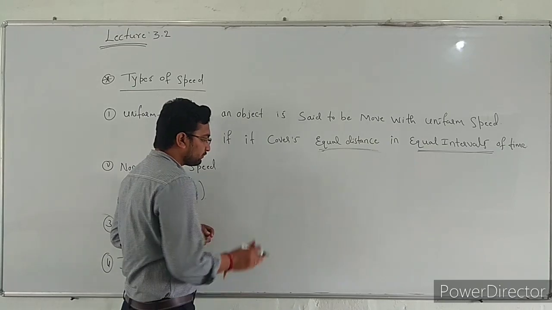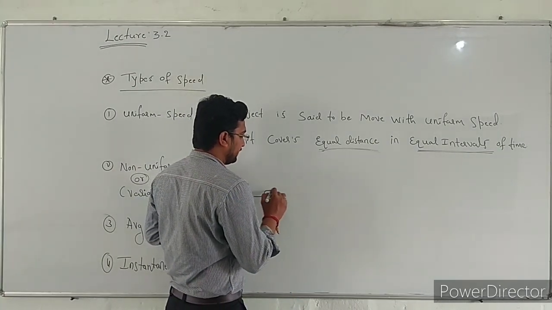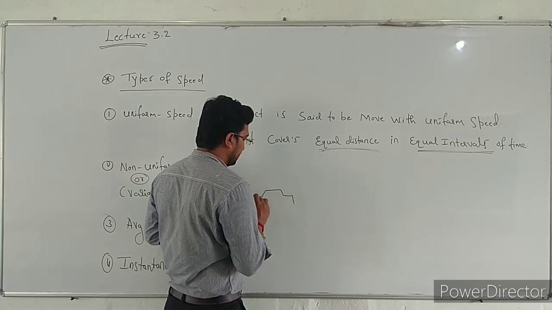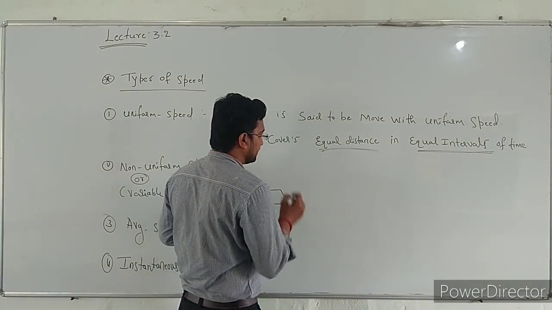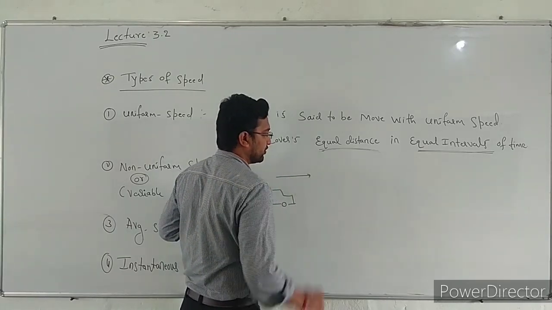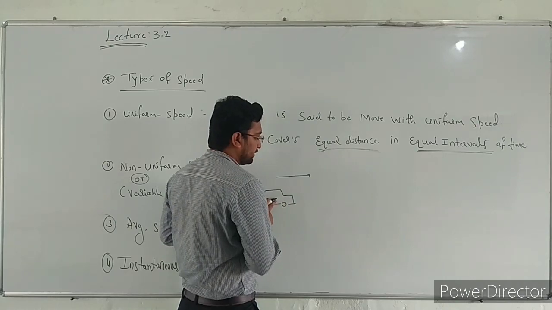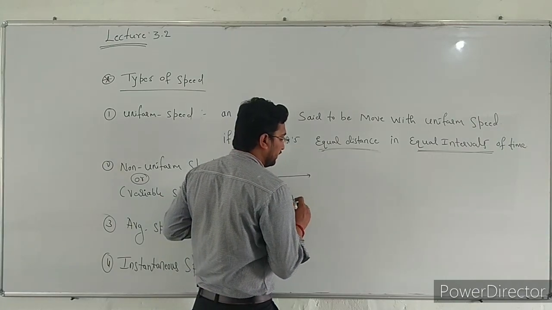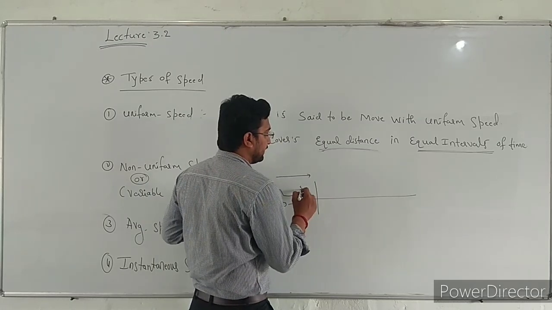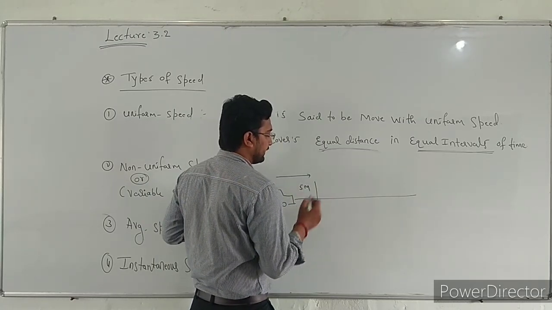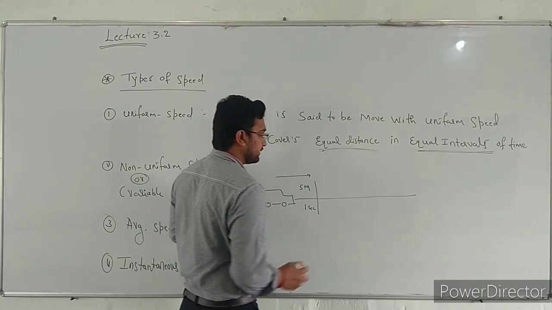Let's take an example. Consider a vehicle. Let us assume that this is a car moving in this direction, and this is the initial point. The vehicle covers 5 meter distance in the first second.